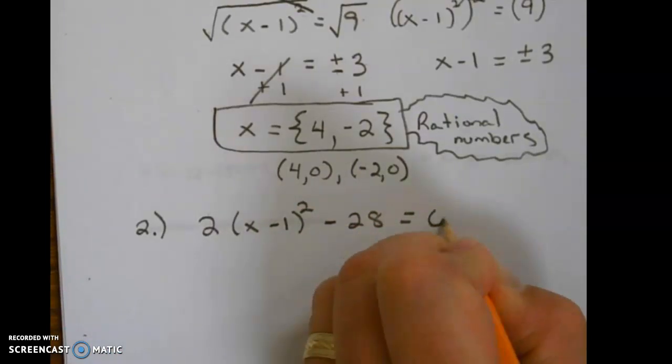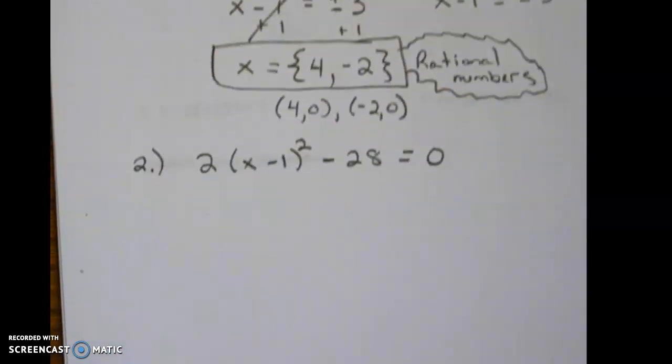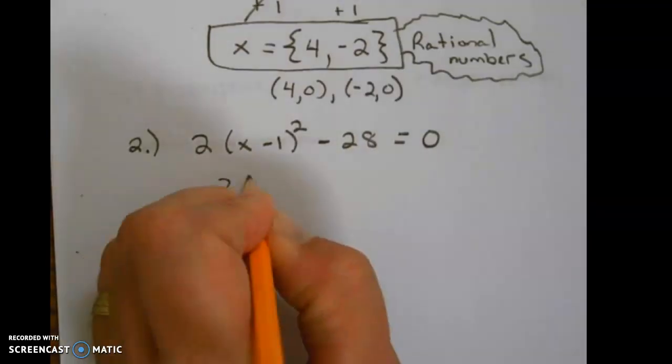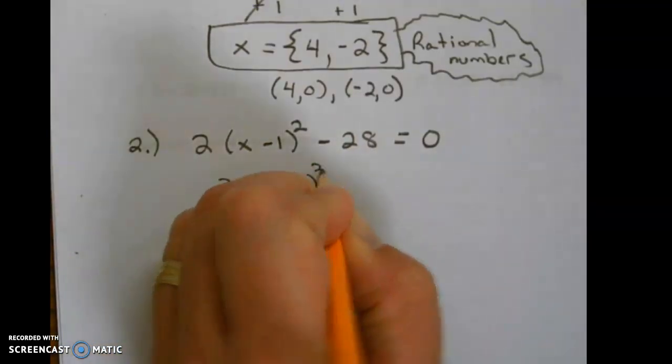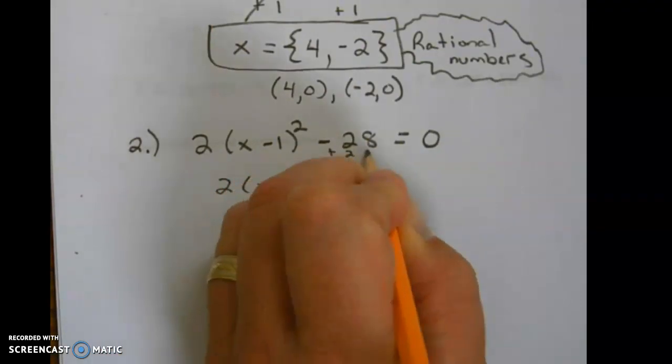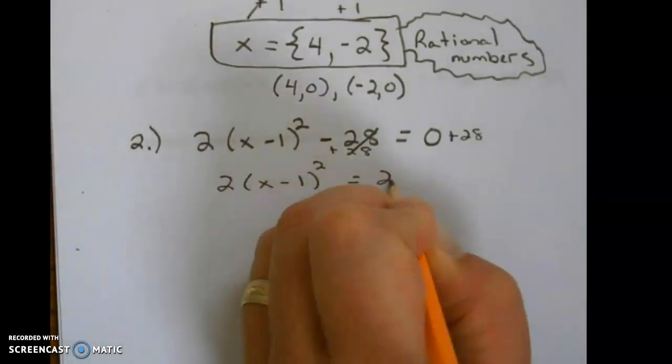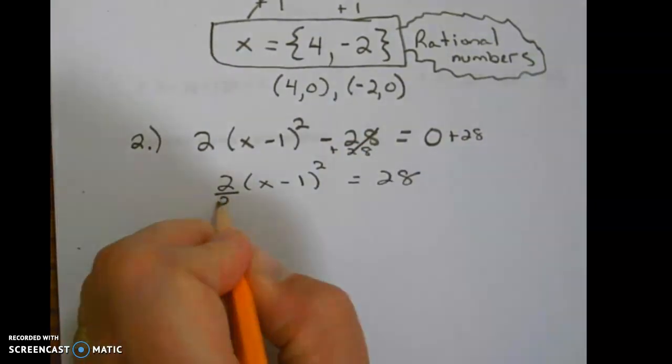I'm going to start off right away setting it equal to 0. And we're going to go ahead and just solve this. Adding 28 on both sides. Dividing by 2.